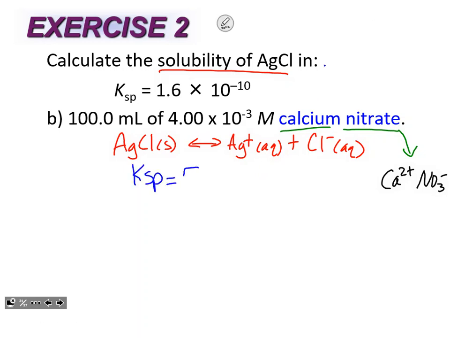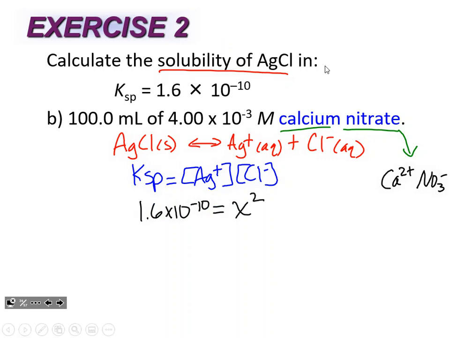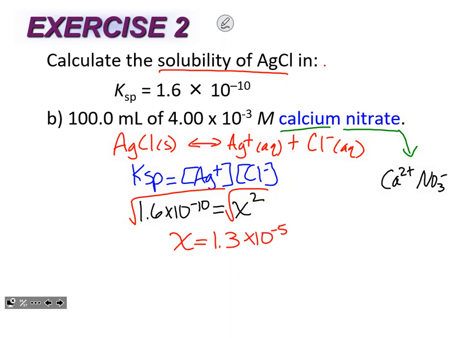Ksp equals the concentration of the silver times the concentration of the chloride. So then we just plug in, we get 1.6 times 10 to the minus 10 equals x squared. We square root, and the molar solubility is 1.3 times 10 to the minus 5 molar.